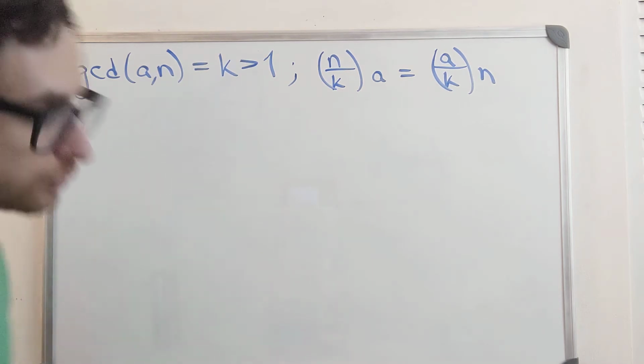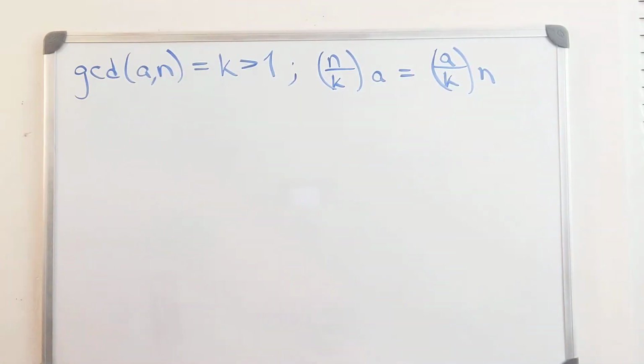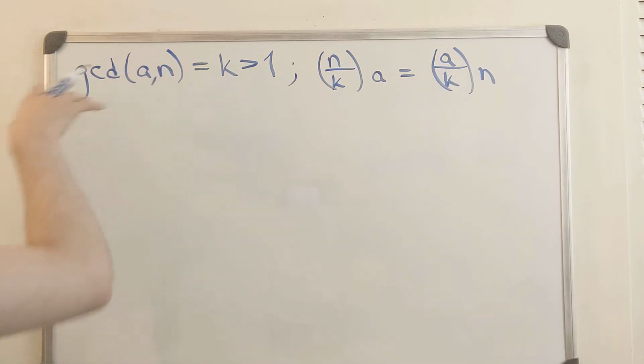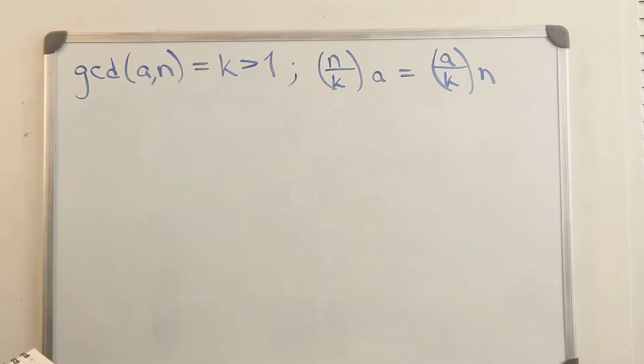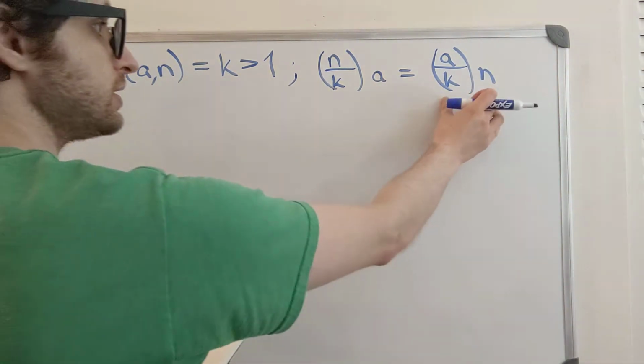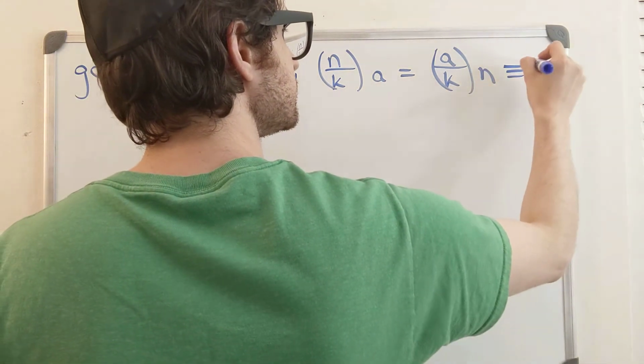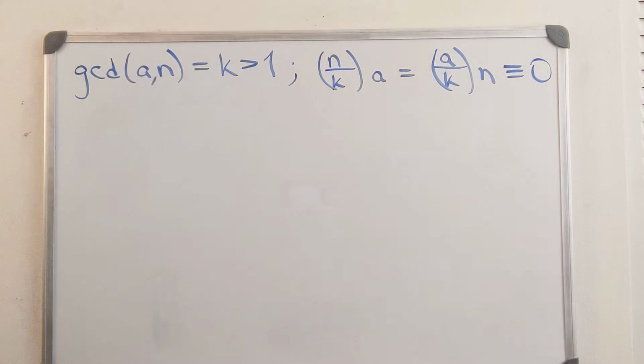And I want to use, let's see, what do I want to use? I can use the fact that a over k is an integer. That only requires k to be any divisor of a, to show that this is some integer times n, and therefore this whole thing is 0 mod n.